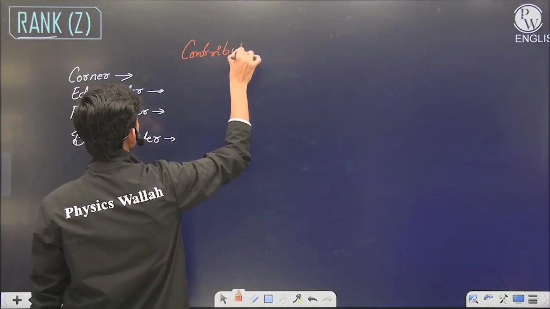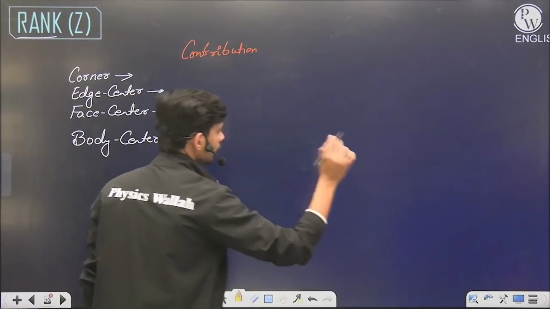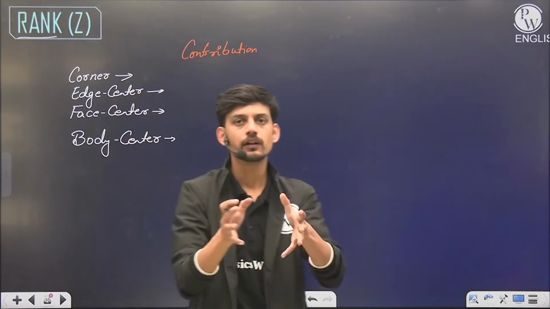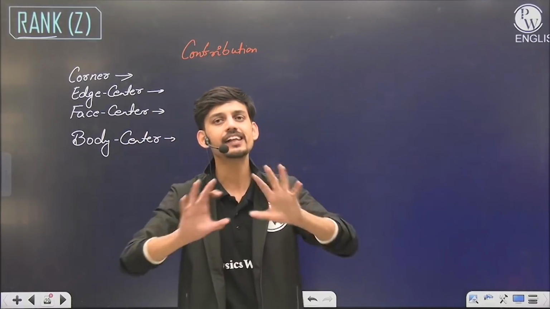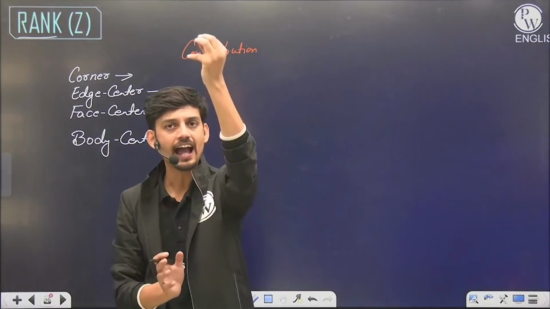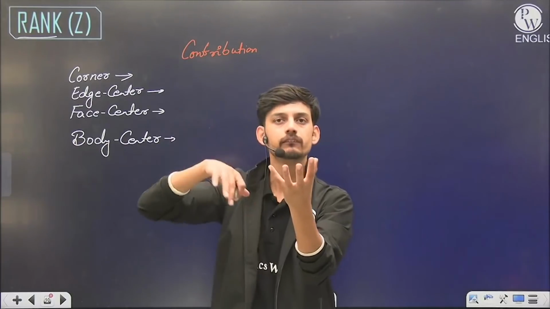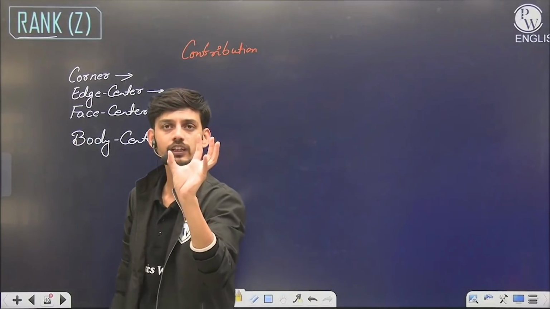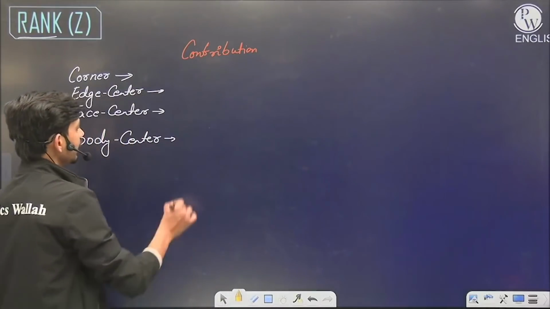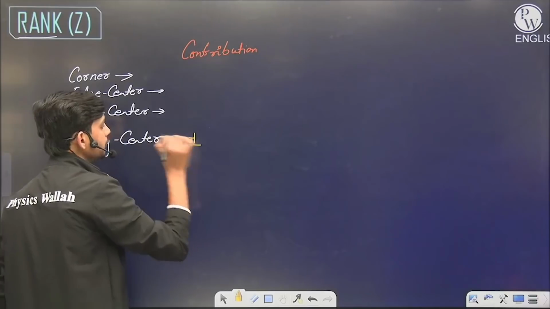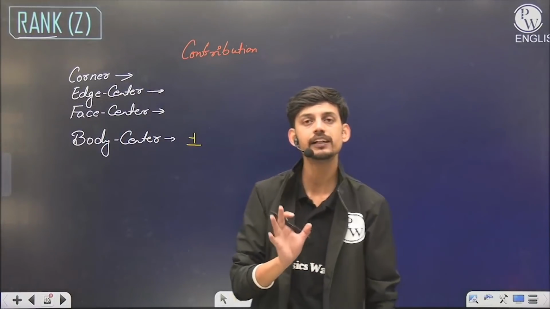For a cube, consider an atom at the center of the body. If some atom is present inside this room at the center, we hang an atom from here, then this atom will be completely inside this cube. None of the atom's portion will be visible outside from this room. So an atom at the body center is 100% present inside the cube. So the contribution is 1, or 100%, complete contribution.